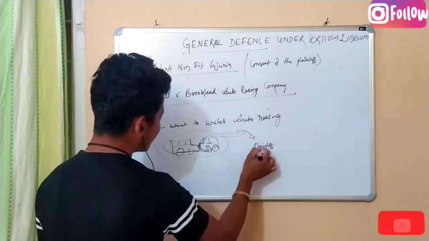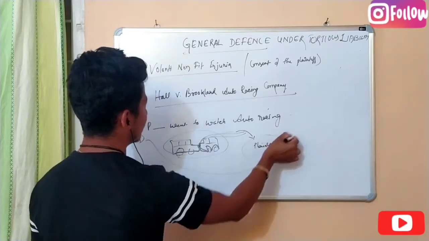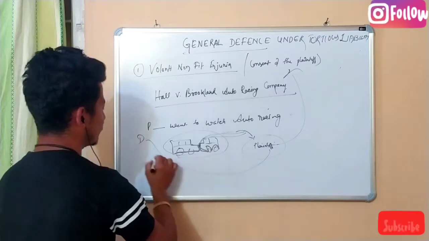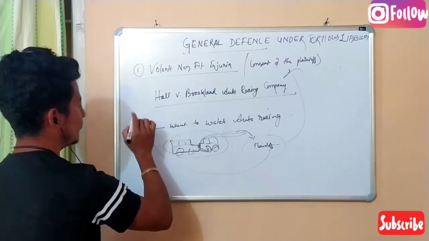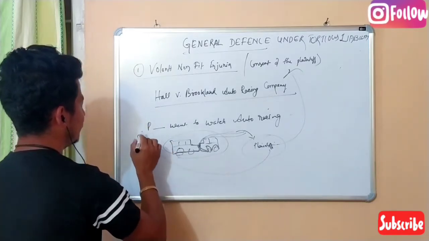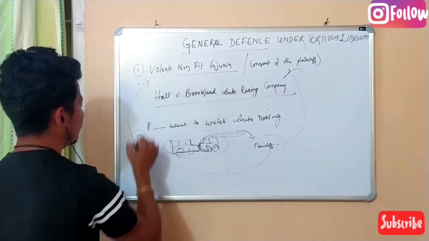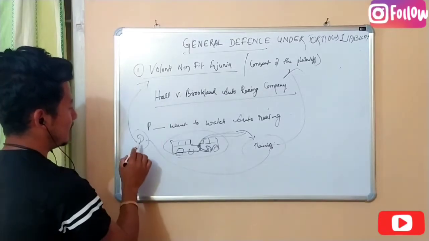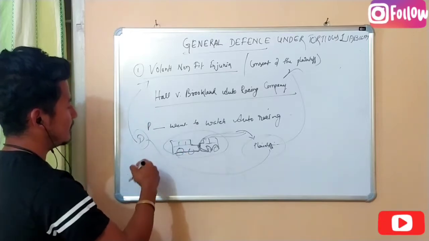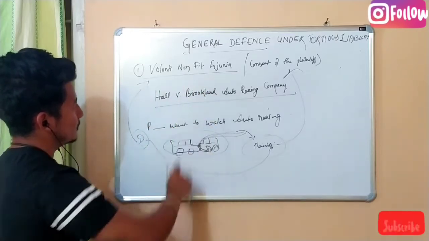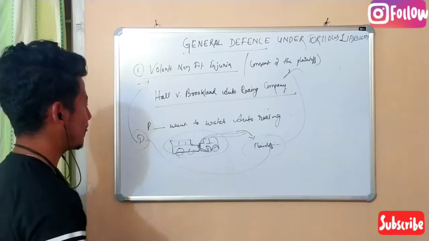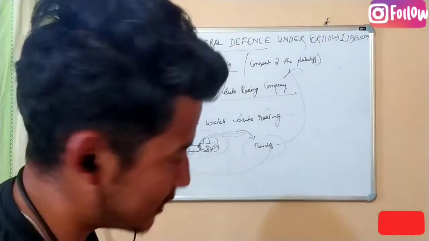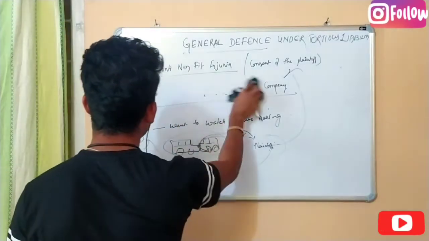Such injuries come under the general defense, that is volenti non fit injuria. So the plaintiff was not allowed compensation, and the defendant was allowed the defense of volenti non fit injuria. I hope it is clear to you now what volenti non fit injuria is.